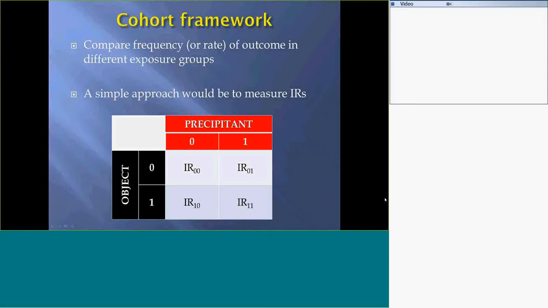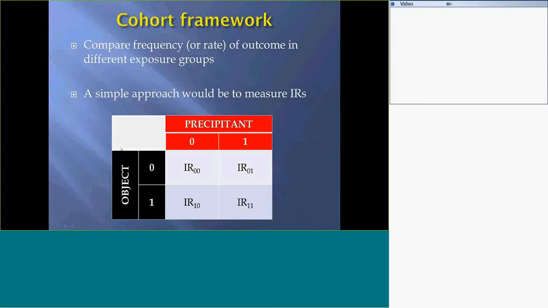So under the model of this cohort framework, you can imagine comparing the frequency or the rate of the outcome of interest, say hypoglycemia here in our example, in different exposure groups. A simple approach, which is represented in this 2x2 table here, would be to measure incidence rates. That is, the number of events occurring in a certain group divided by the amount of person-time that's contributed by the people in that group.